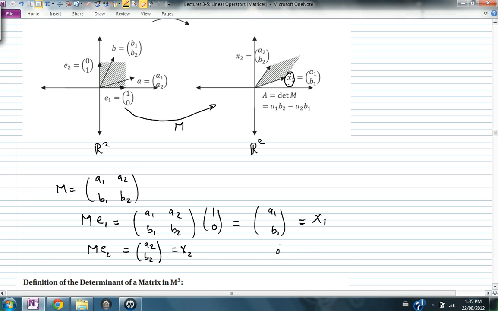The determinant of M is in fact the area in between the vectors x1 and x2.